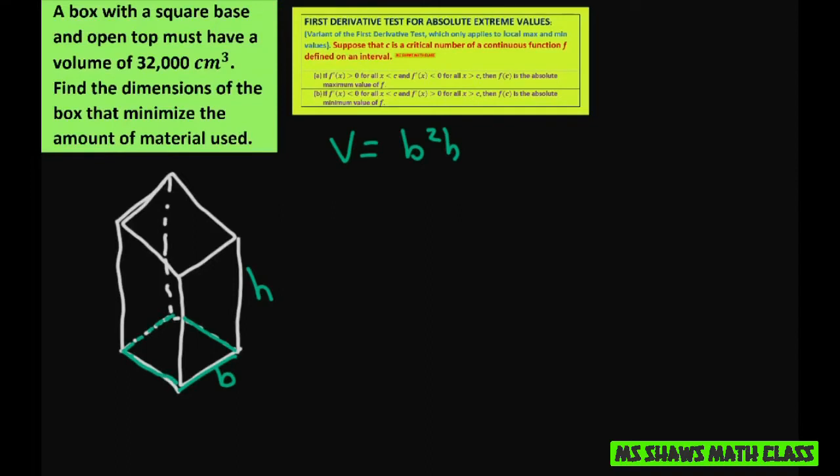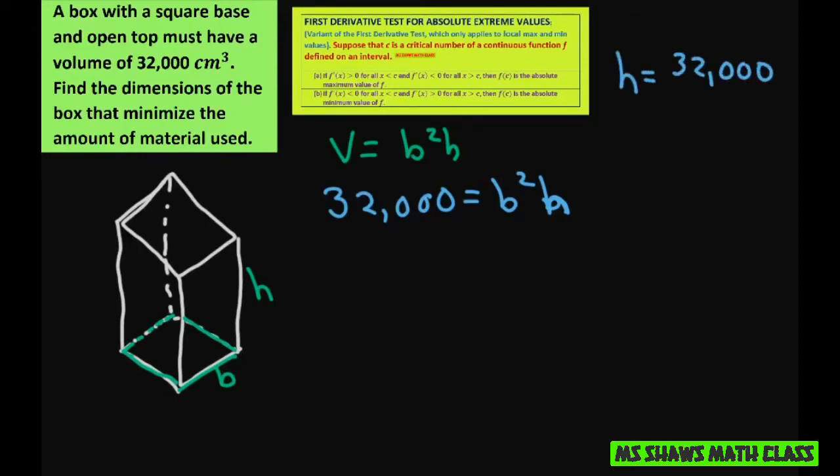Now, our volume is 32,000 equals base squared times height. And we're going to solve for h, so height is going to be 32,000 divided by base squared.